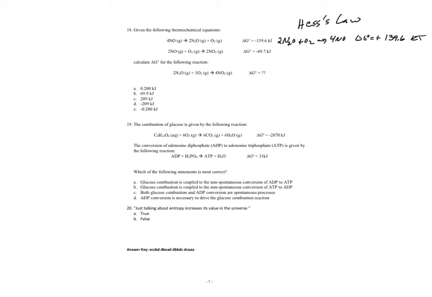I can multiply every coefficient in this equation by 2, and if I do that, I need to multiply my delta G value by 2 as well. So I'll rewrite this as 4 moles of NO plus 2 moles of O2 yields 4 moles of NO2. Now the delta G here, the sign is not flipped, but I do need to multiply this by 2, so 2 times negative 69.7.